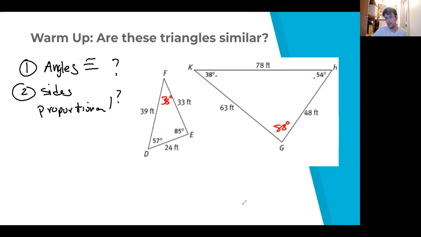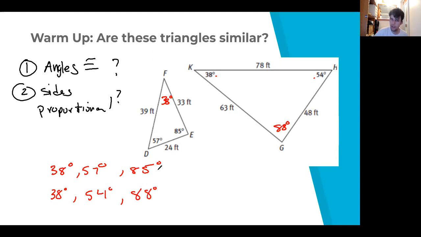So quick check, this is kind of interesting. Let's go through the angles that we have. We have 38, 57, and 85 degrees in this triangle. And then in this triangle, we have 38, so one congruent one, 54, and 88.